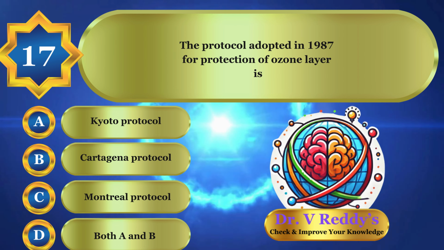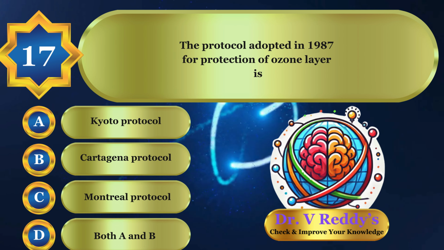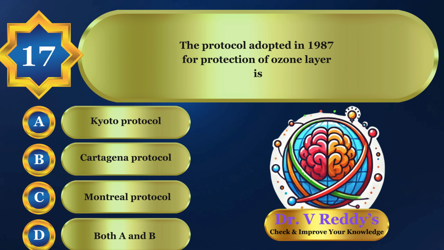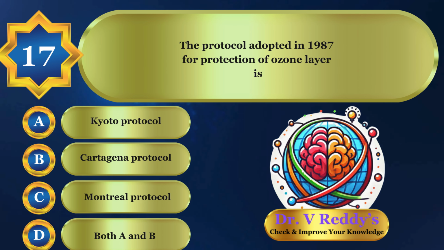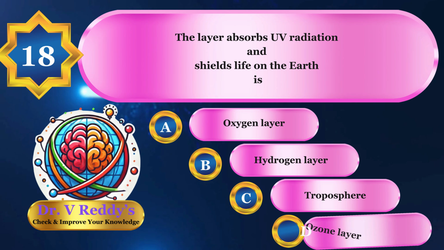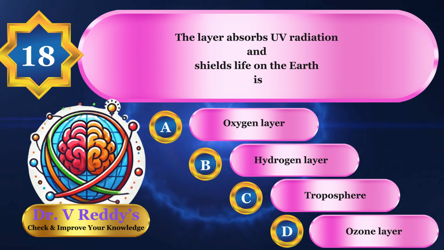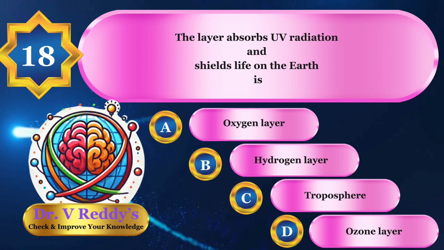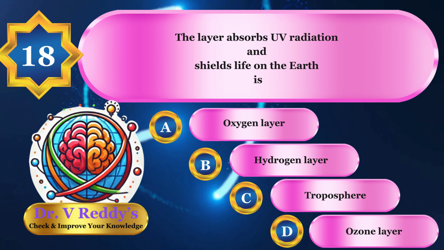The protocol adopted in 1987 for protection of ozone layer is A. Kyoto Protocol, B. Cartagena Protocol, C. Montreal Protocol, D. Both A and B. 18. The layer that absorbs UV radiation and shields life on the Earth is A. Oxygen layer, B. Hydrogen layer, C. Troposphere, D. Ozone layer.